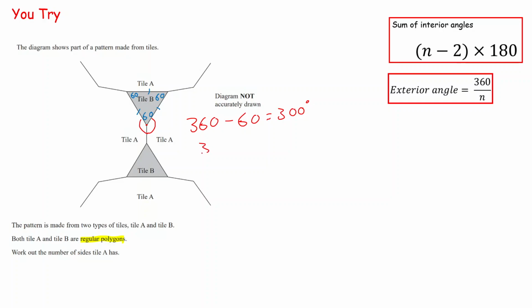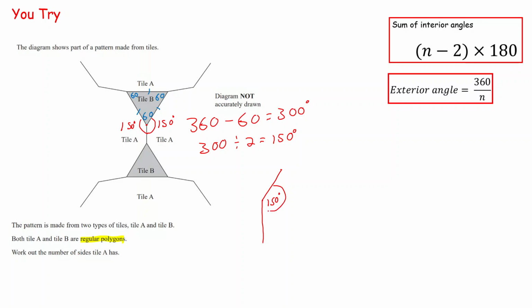So I can do 300 divided by 2, which is equal to 150 degrees. That's going to be 150 degrees, and that's going to be 150 degrees. And if I zoom in on tile A, we've just worked out that this angle here is 150 degrees.